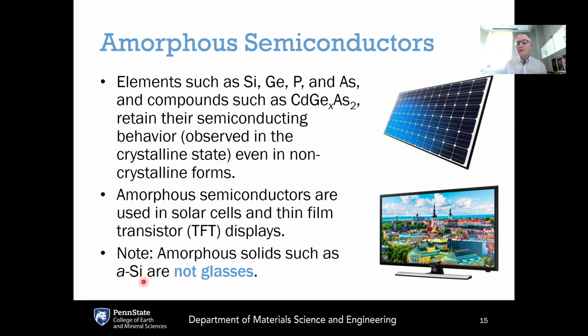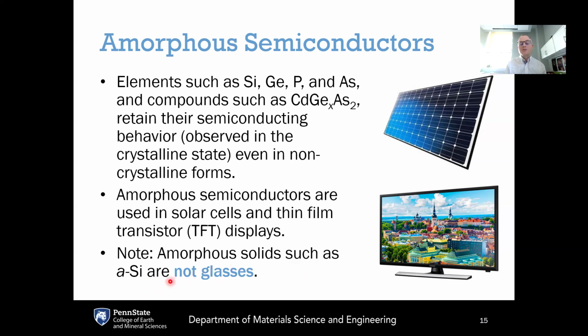If you want to make a glass out of silicon, the best way to do that is to add oxygen and make fused silica, also known as vitreous silica, also known as silica glass. Those all exhibit a glass transition, meaning that the structure of the glass corresponds to the structure of the liquid state, and there's a continuous transition between the two, as we saw on our volume temperature diagram.